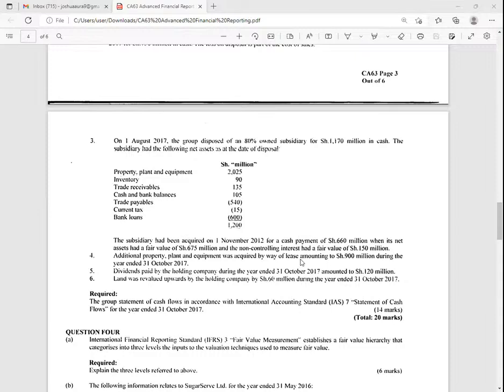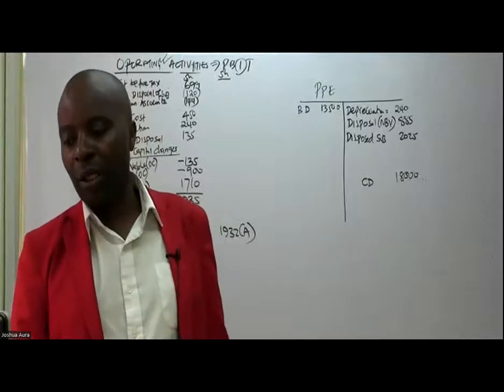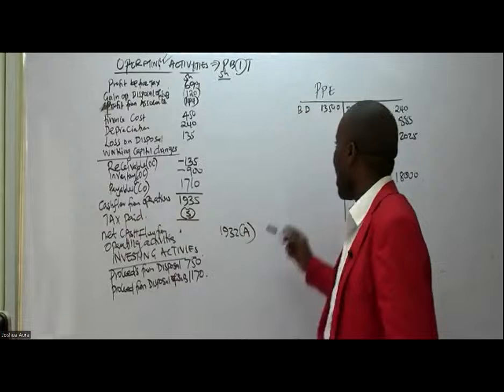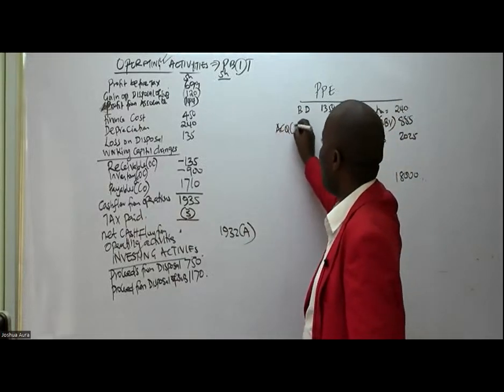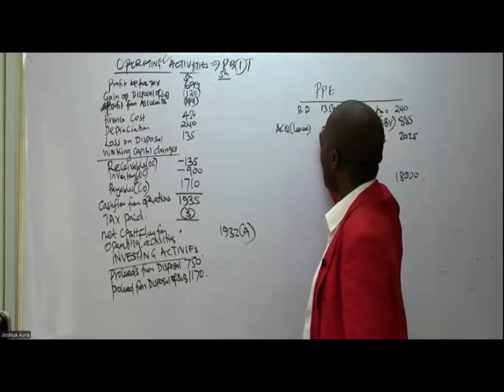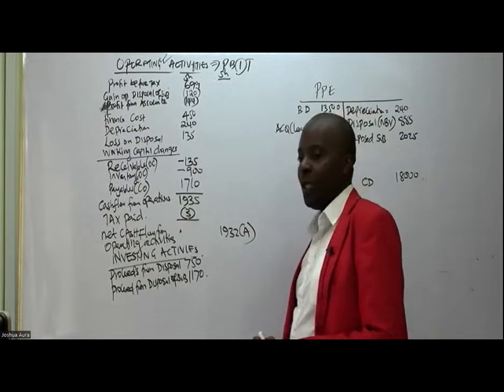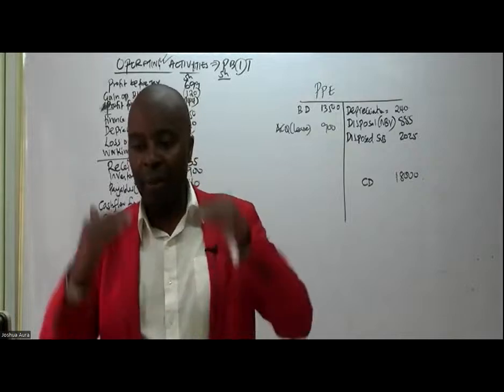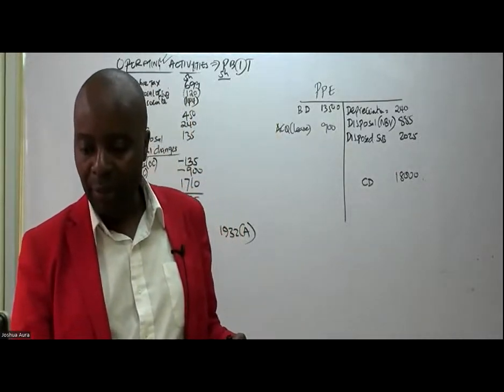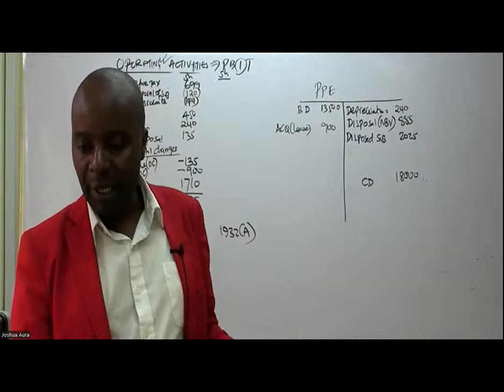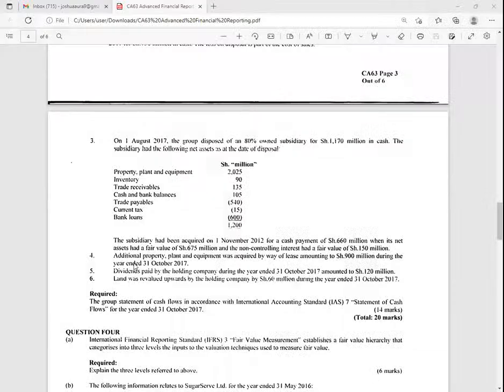So you have to debit our PPE: acquisition through lease, 900. Our PPE went up, so we are debiting.